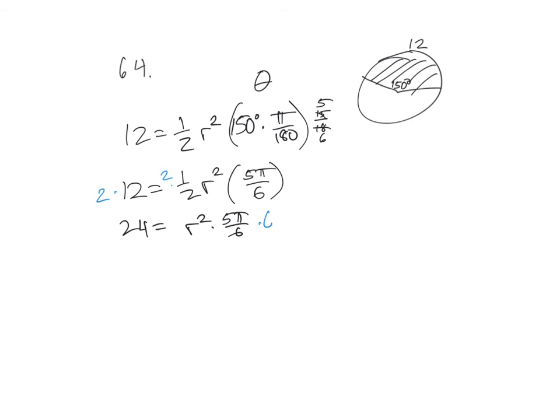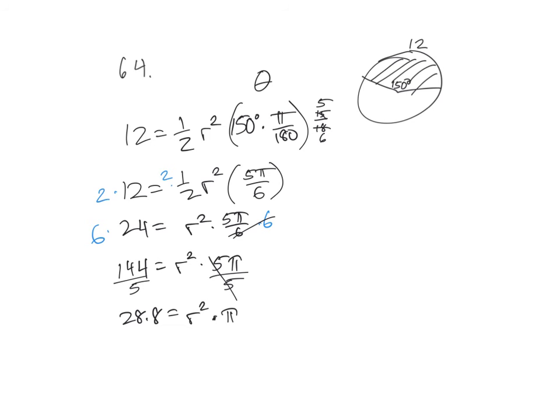And if we multiply by 6 on both sides, 6 times 24 is 144, and we have 5 pi left over. And we divide off the 5. So 144 divided by 5 is 28.8, and that's equal to r squared times pi.